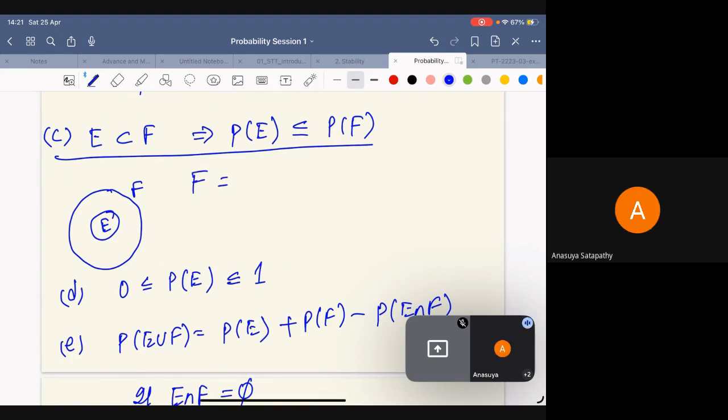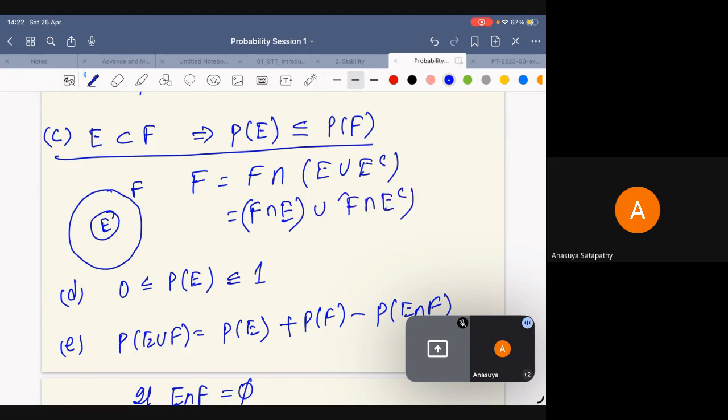So the whole set F can be written as F intersection (E union E complement). Can I write like this? Because complement means outside of E, so I can write F intersection this. I will apply the distributive property which I told you: F intersection E, union F intersection E complement.